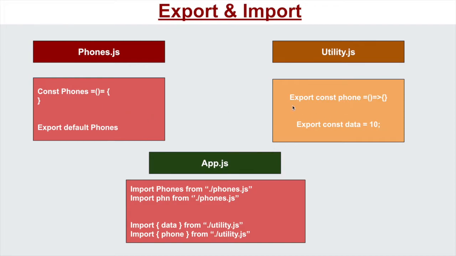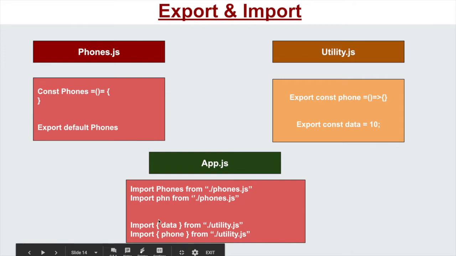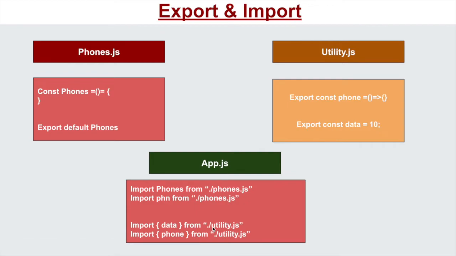On the other hand, in utility.js, we create multiple components or functions. Whenever you import them in app.js, you call them as components inside curly braces, so you'd say import data from utility.js. You have to give the specific name of what you want to import from this file.